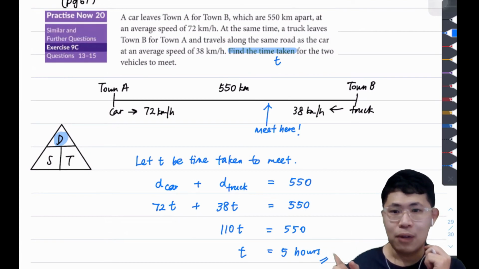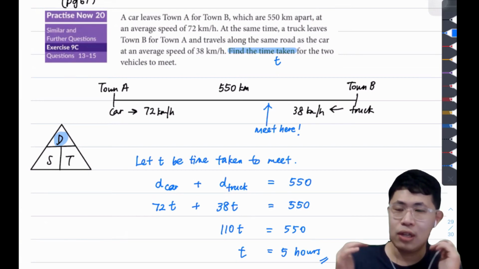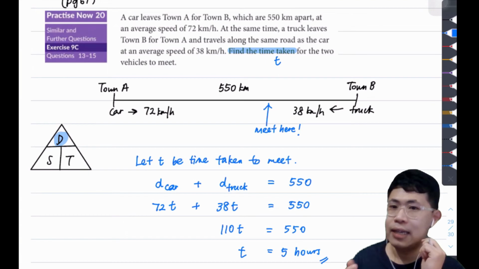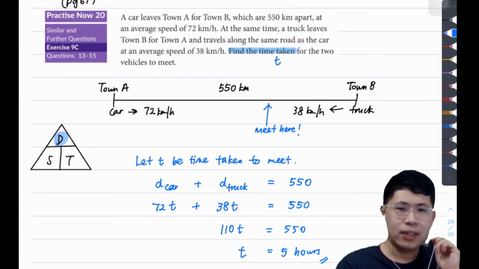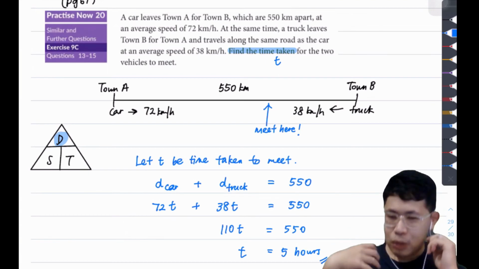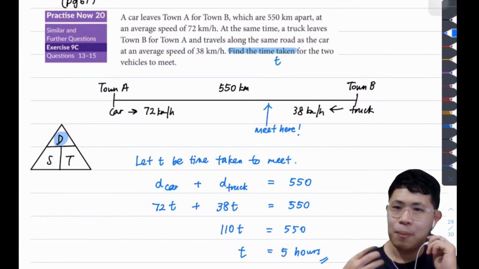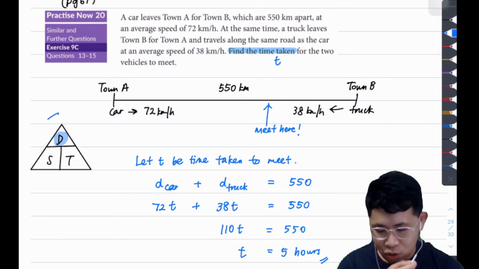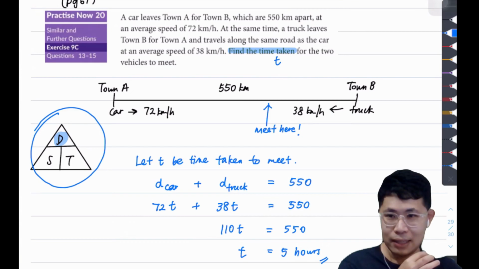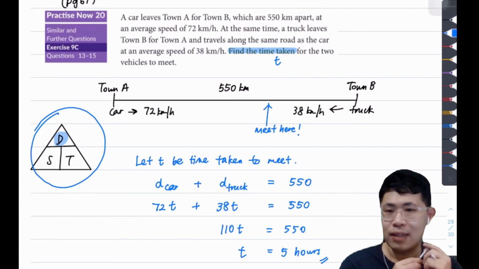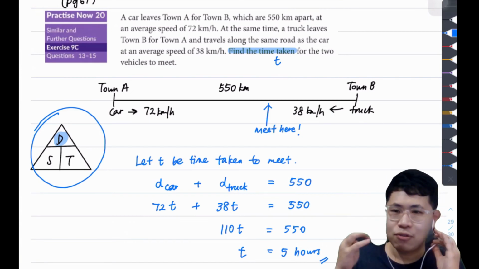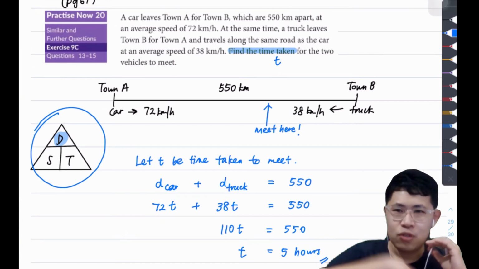So with algebra, you can actually shorten your working a lot, and it will look very neat. So don't fear algebra too much. Embrace algebra and try your best to form equations using the speed, time, and distance triangle. My advice is to find something that describes the thing as a whole.